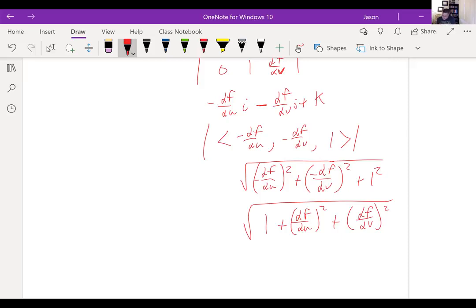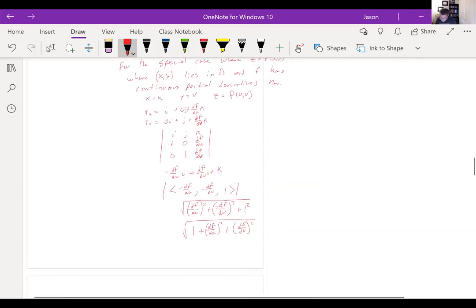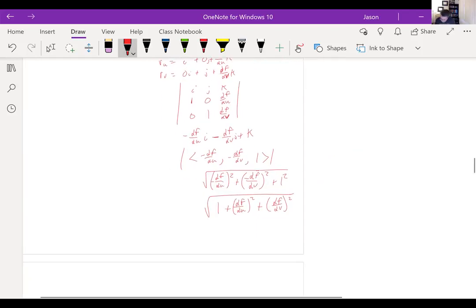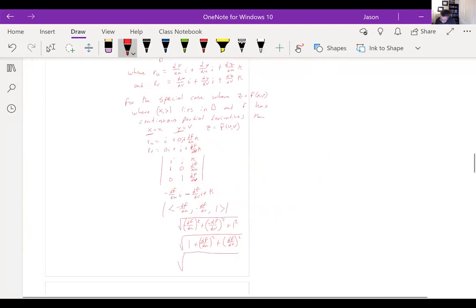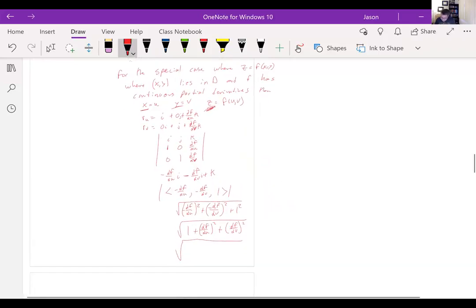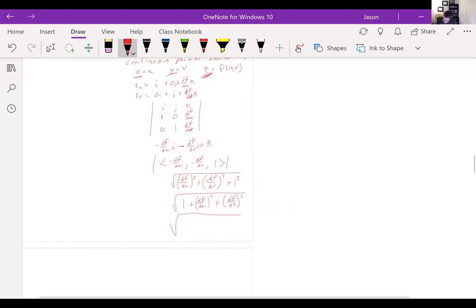Wasn't u just originally x, and y was v? And what was f? f was equal to z. So I'm going to sub back in and say this is 1 plus dz dx squared plus dz dy squared.